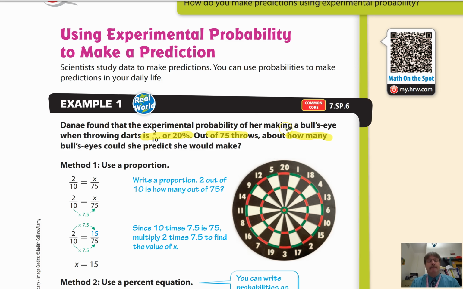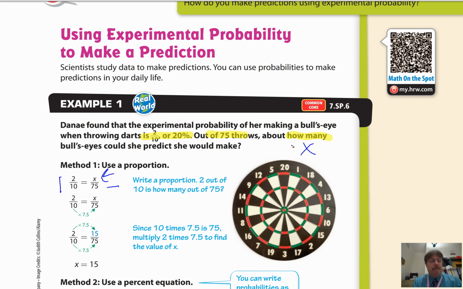So I highlighted the important information, and we're going to set this up as a ratio, okay? So we have our percentage, and it's 2/10 right here, and then we're doing 75 throws, and she wants to know about how much. So the X represents the how much.